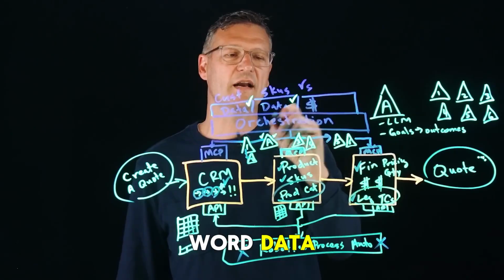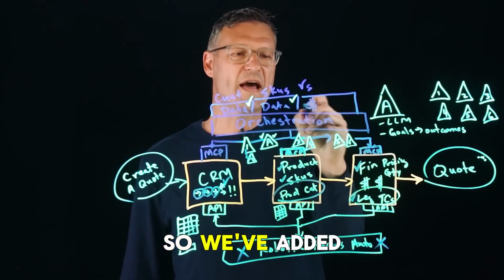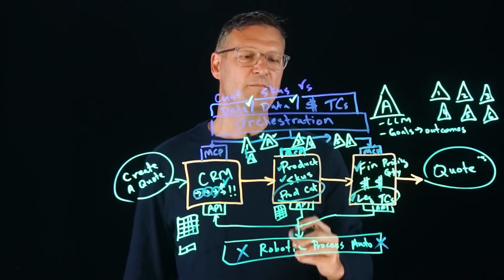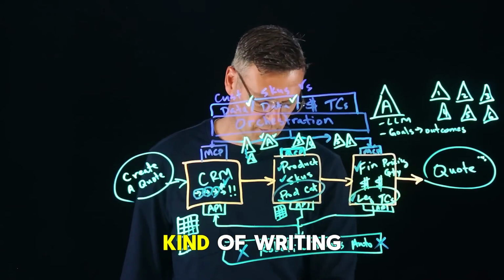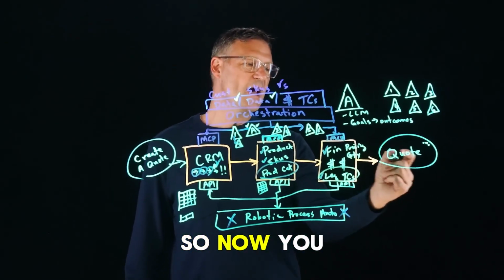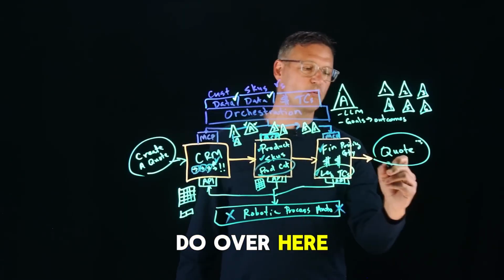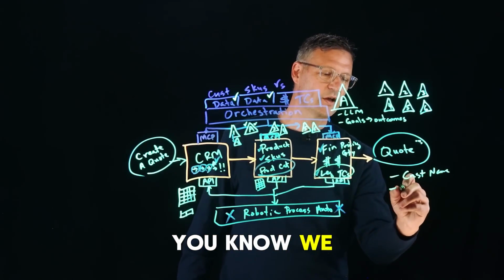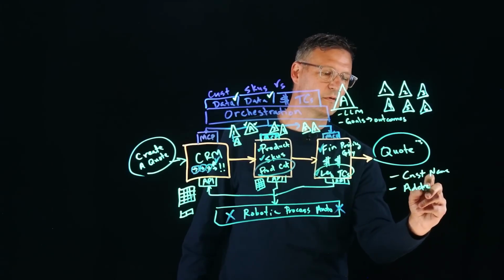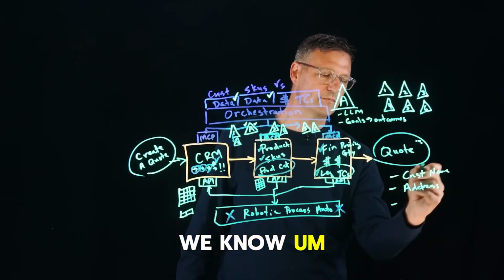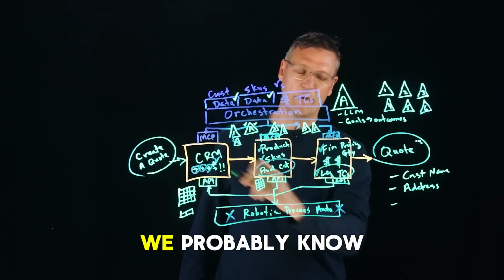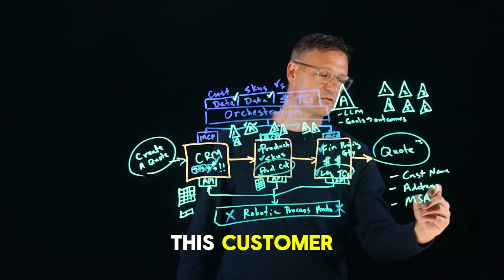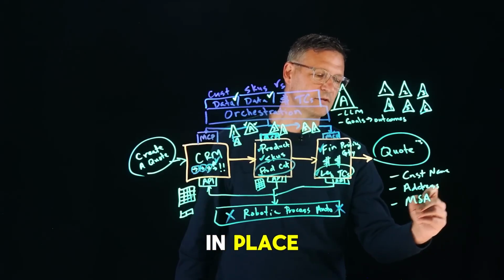I guess I didn't write the word data, but this is all data up here. So we've added some pricing, and we've added some legal T's and C's. And now the story is kind of writing itself at this point, right? So what can we do over here? Well, we know the customer name, we know the customer address, and we probably know some of the details about what's been agreed between us and this customer, like, do we have an MSA in place?